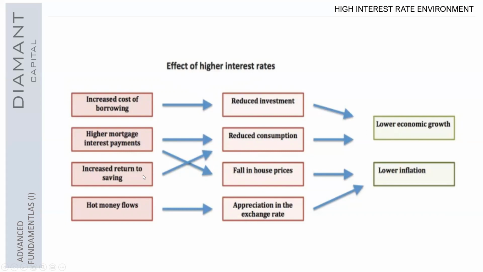Then increased return to saving, hot money flows, fall in housing prices, appreciation in the exchange rate. Remember that in a high interest rate environment, the domestic currency, such as if we're looking at the Fed and then the USD would be the point in question, that would actually increase in value. But of course, you now understand that this is not always a good thing, because you've got to understand how does this affect the imports and exports.